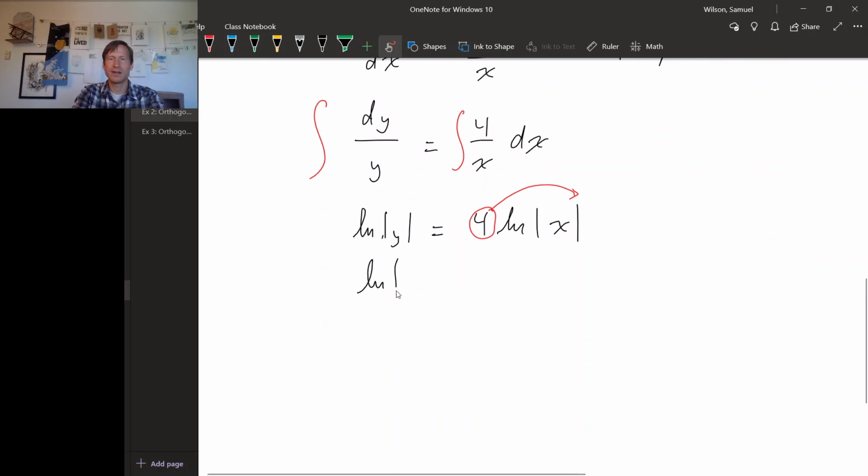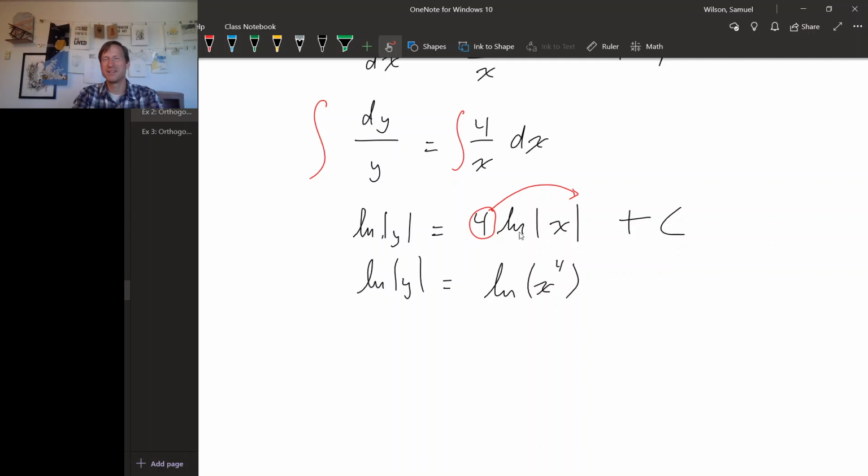So natural log absolute value of y. Oh, I forgot my constant. I need plus a constant. Okay, equals natural log x to the 4th. Now that I have x to the 4th power, I don't need the absolute value because the absolute value of x to the 4th is the same thing as x to the 4th. Plus a constant.